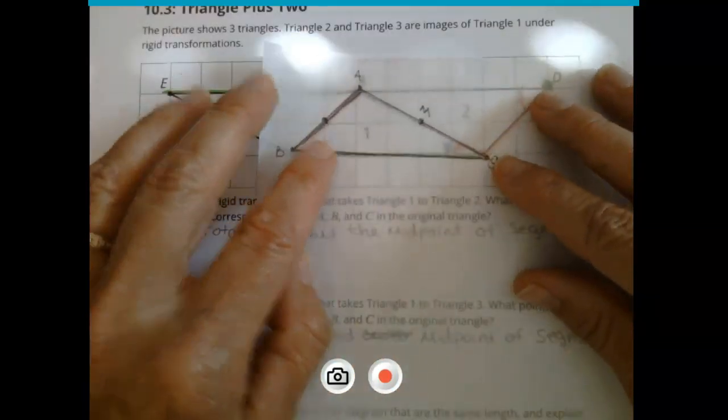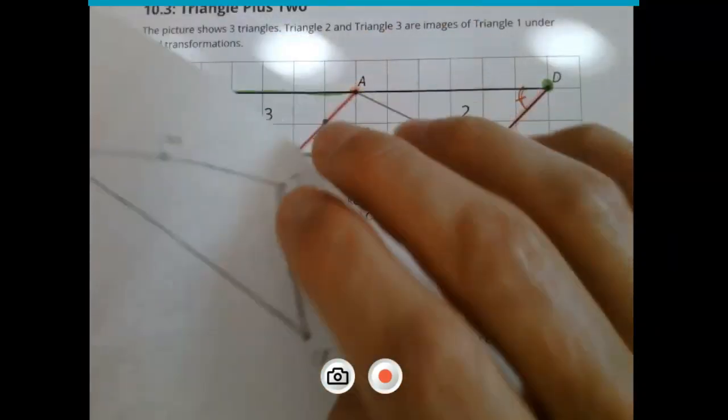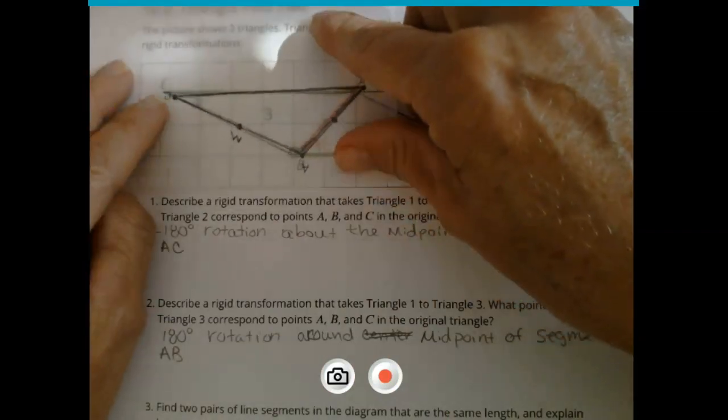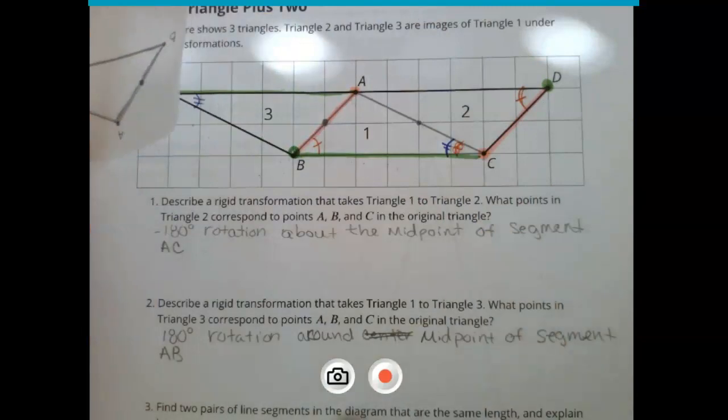Then if you had C right here and you flipped it over this way, oh, no, we rotated if I remember right, it would be the same size over here. So C is still the same size. And what can we say about that? We know it's the same size because in rigid transformation, the size of the angle does not change. The size of the angle is always preserved whenever we do rigid transformations.